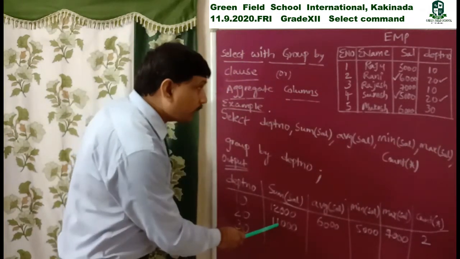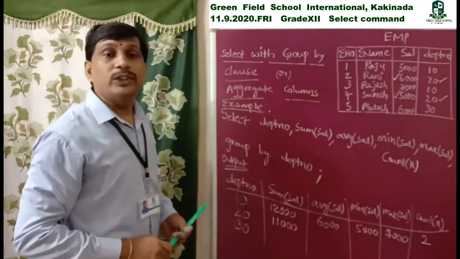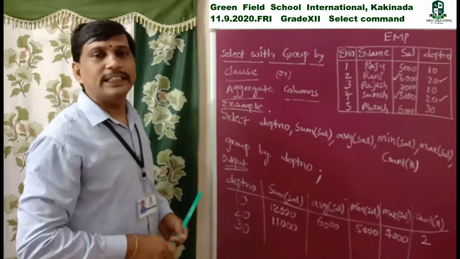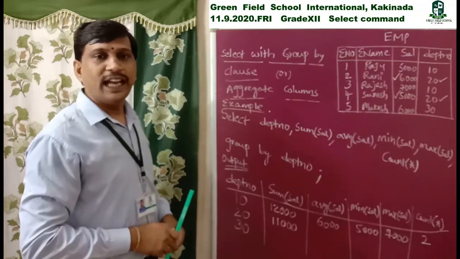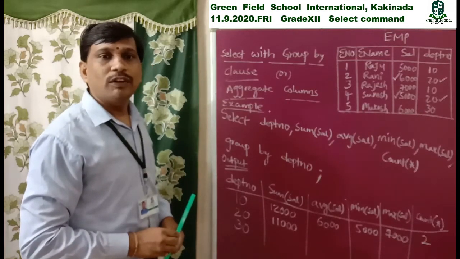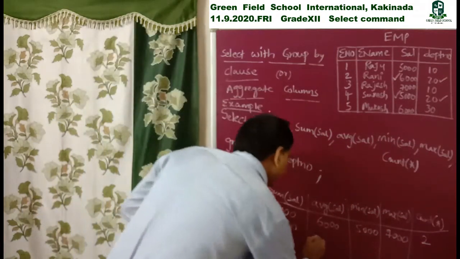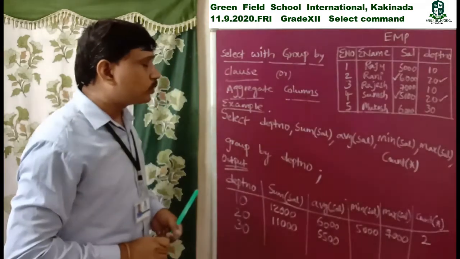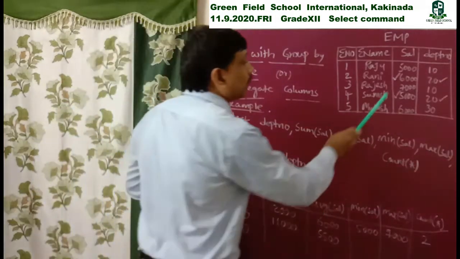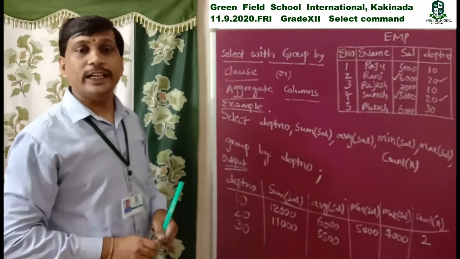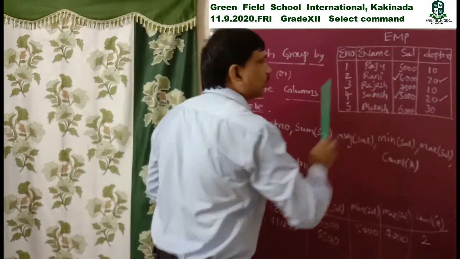So 11,000 divided by 2. Why divided by 2? Here 2 employees are there. That's why I divide by 2. Average, 5,000 plus 6,000 by 2 is 5,500. Okay. Next, coming to minimum of sal. Out of these two values, which one is minimum? 5,000. Here inputs are 5,000 and 6,000.